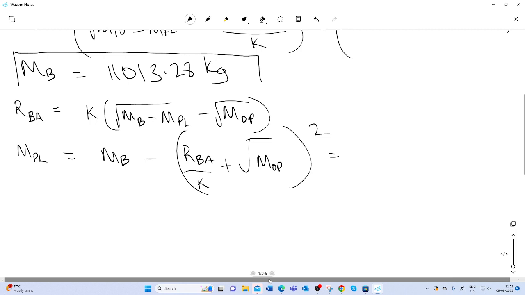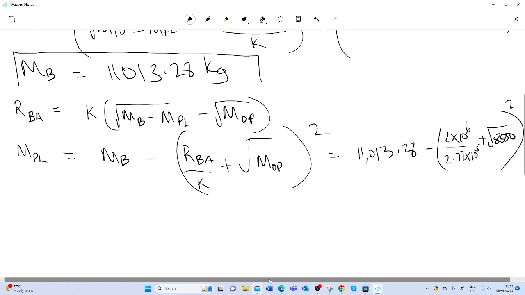This becomes MB minus 2 × 10^6 over 2.77 × 10^5 plus 8,500, all squared.